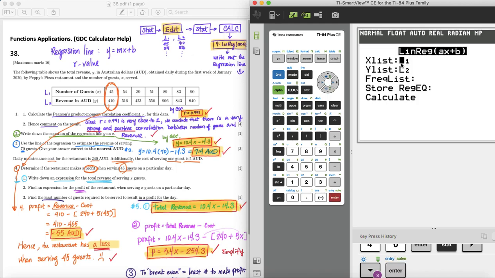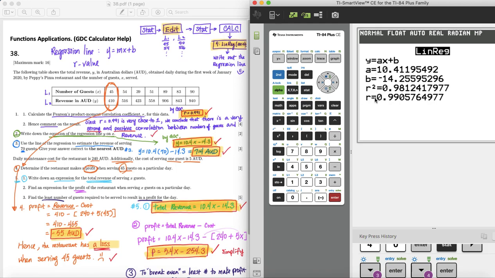Use your eagle eye. X list belongs to L1, which is true. Y list belongs to L2, which is true. Frequency list, we do not have any. We don't store this equation, so leave it alone. All we want is to let it do the calculation for us. So simply go to calculate and hit enter.